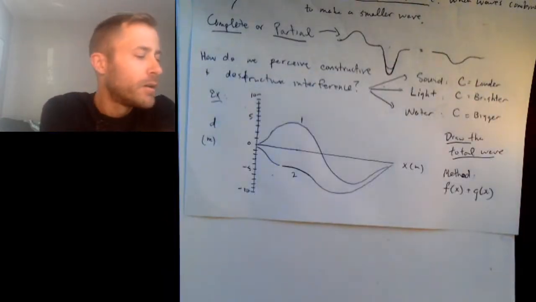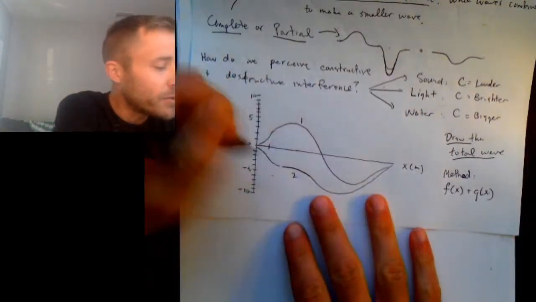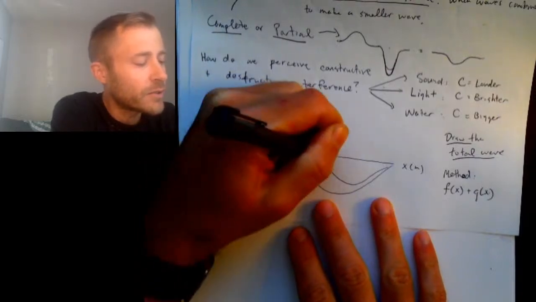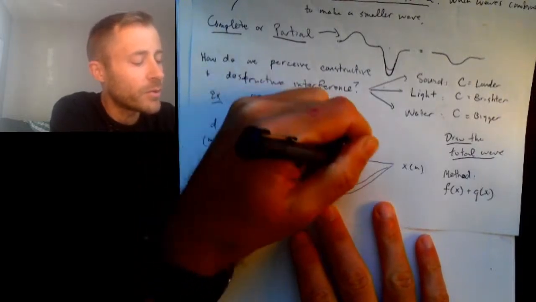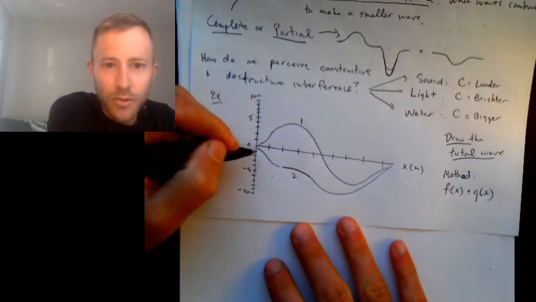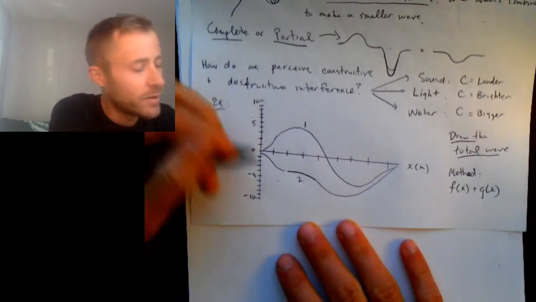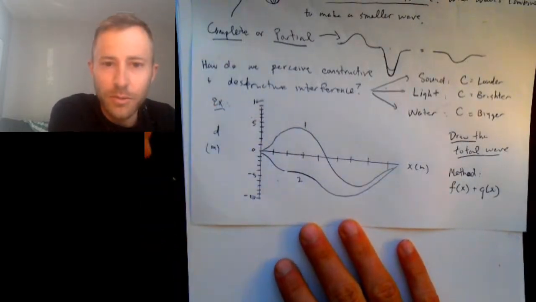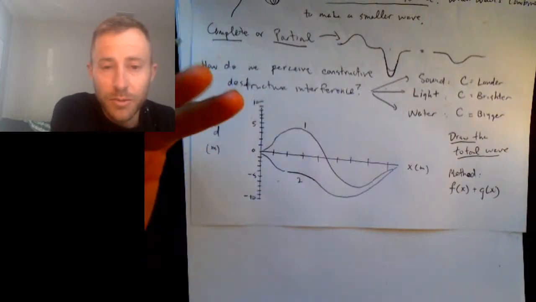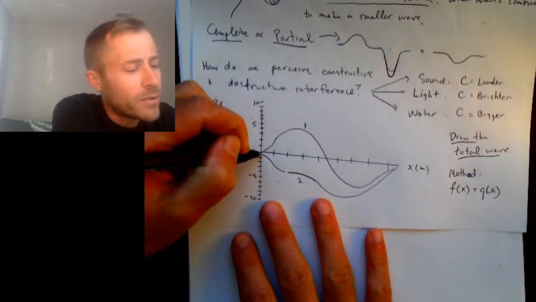So that's what I'm going to do. I'm going to pick a couple of points along the horizontal axis. I don't even care what the numbers on the horizontal axis are, but I'm going to look at what is the displacement of wave 1, what is the displacement of wave 2, and then I'm going to add those two together, and that'll be the displacement of the total wave. So here, both waves have the value 0.